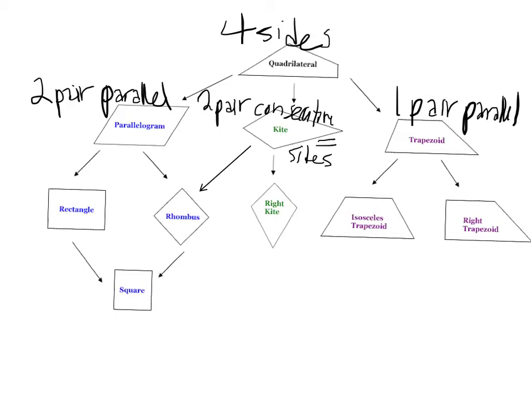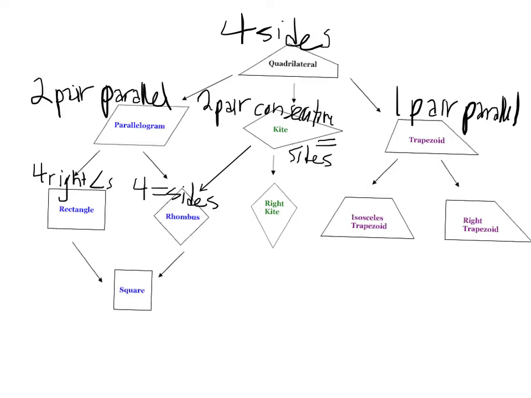So if we go down on the left side from that parallelogram, everything below it also has two pairs of parallel sides, but each of them is a little different in their own way. A rectangle has four right angles. A rhombus has four equal sides.